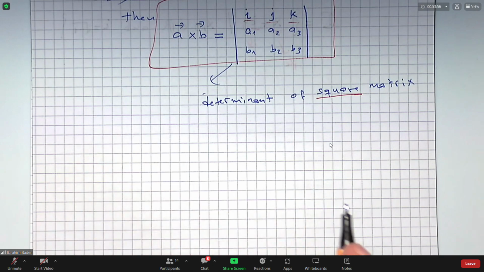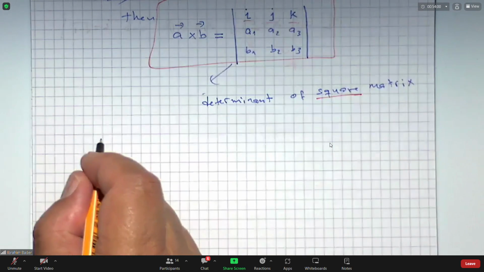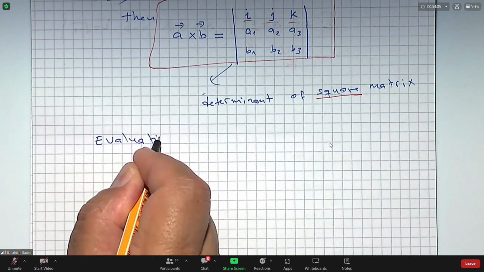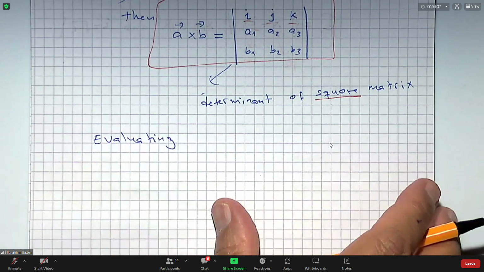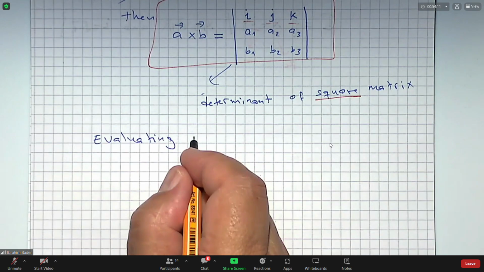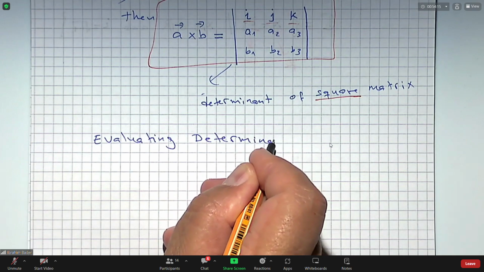Now, how to evaluate it? I will give you two methods for evaluating determinants. Now we will forget for a while about the vectors and just focus on evaluating determinants.